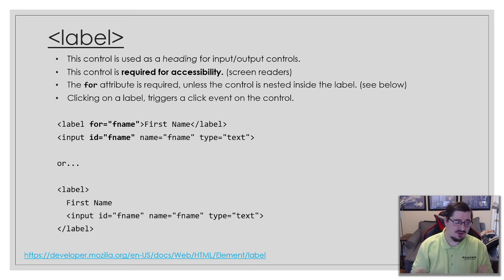Another reason why you want to make sure that these things are connected. If I have a label and I have a checkbox, but I don't connect those two things, well then clicking on the label is going to do nothing. That means I have to actually click on the tiny checkbox to make it work. Most people want to just click on the text because it's bigger, right? You get a bigger area to click on if you can click on the label instead.